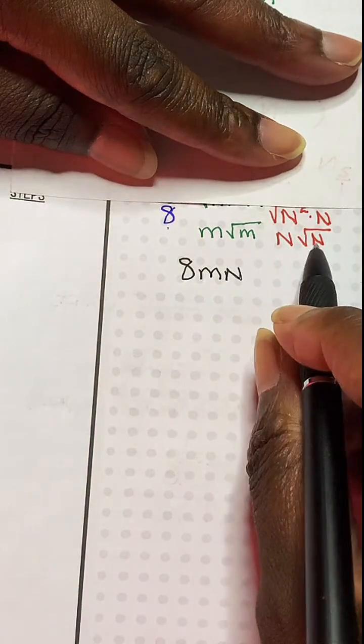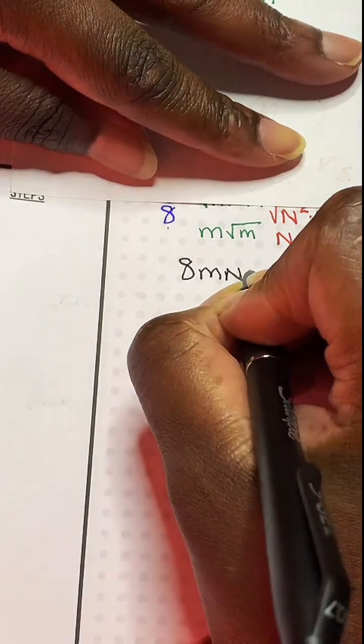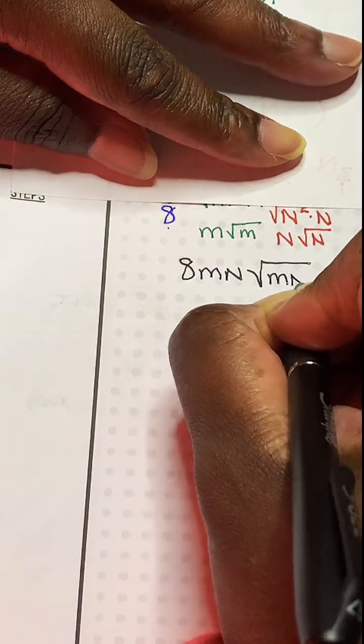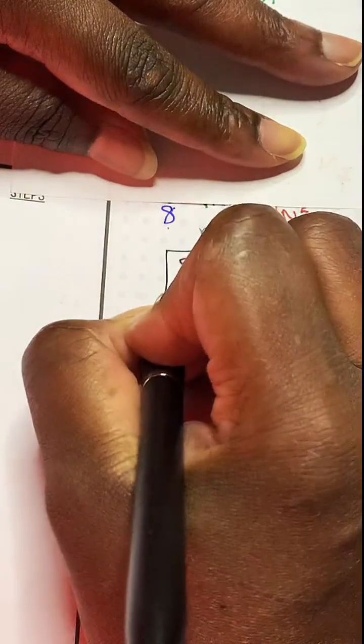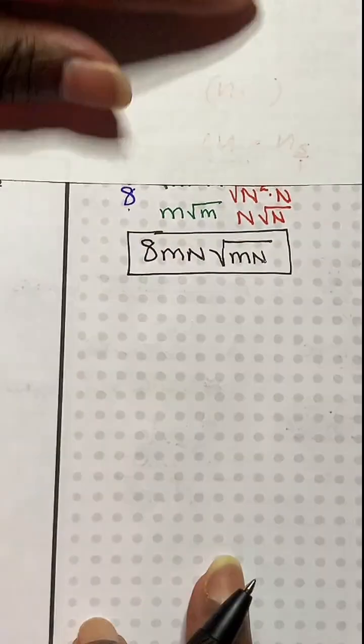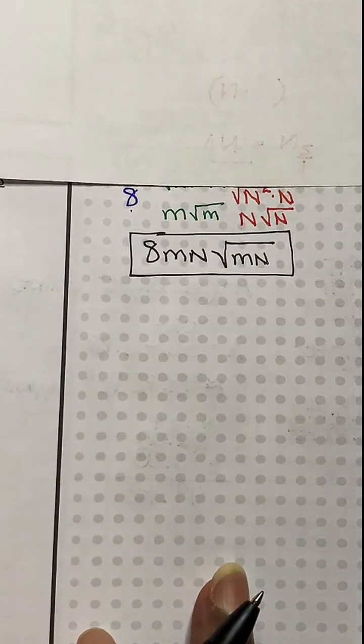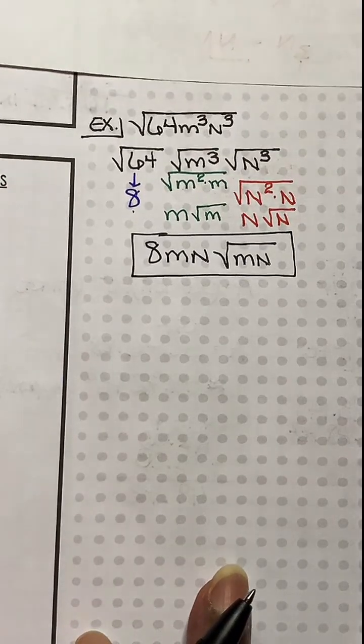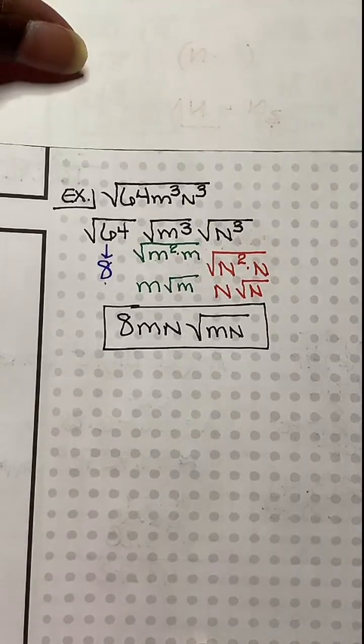And what remains underneath the radicals just gets combined together, but underneath the radical. I'm going to bring that down so y'all can see that.